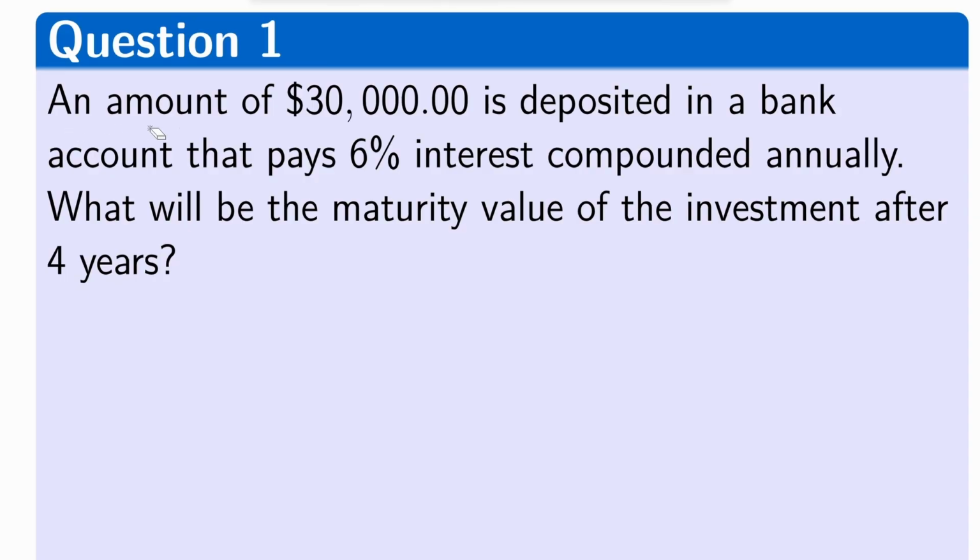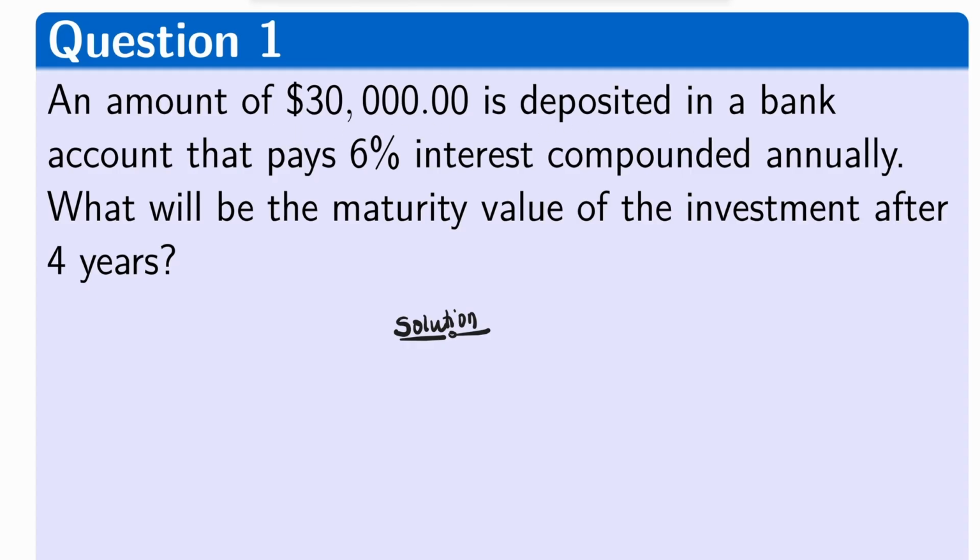Question 1. An amount of 30,000 US dollars is deposited in a bank account that pays 6% interest compounded annually. What will be the maturity value of the investment after 4 years? Solution. The first step is to start identifying the values. We are being told that an amount of 30,000 US dollars is deposited in a bank account, right?